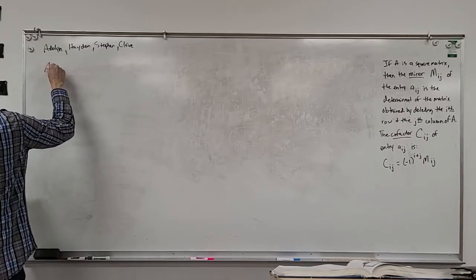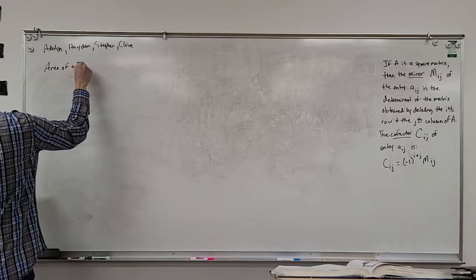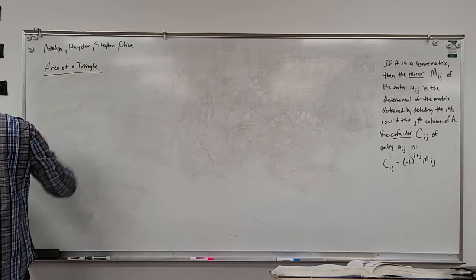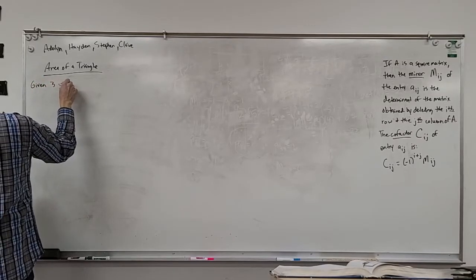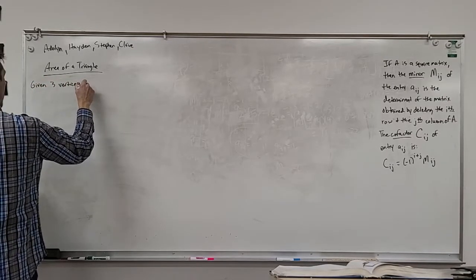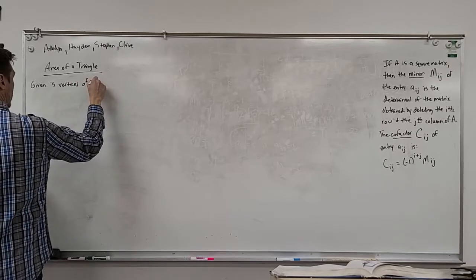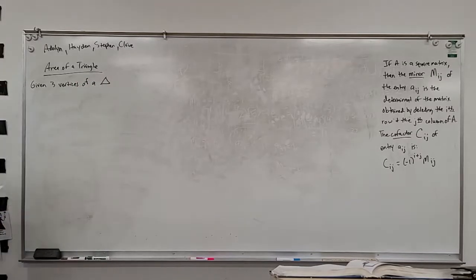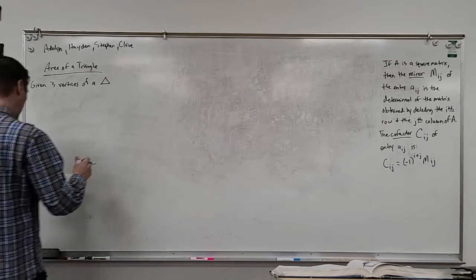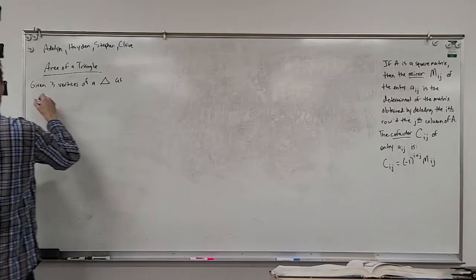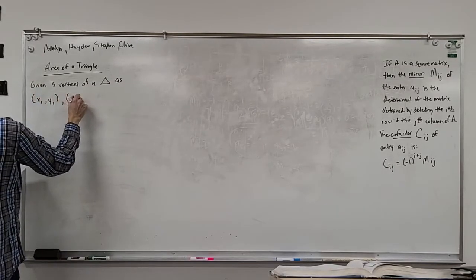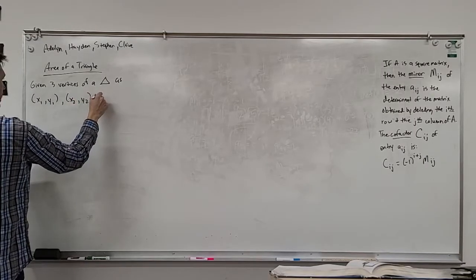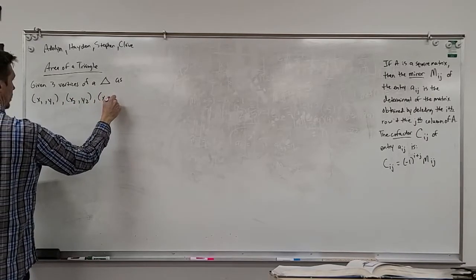So the area of a triangle, if we're given 3 vertices of a triangle, you guys comfortable with me putting triangle there? Abbreviating that kind of thing. So the vertices are x1, y1, x2, y2, and then x3, y3.